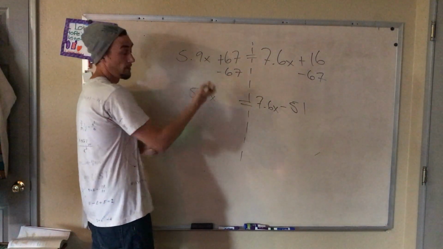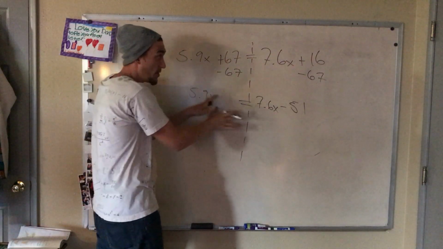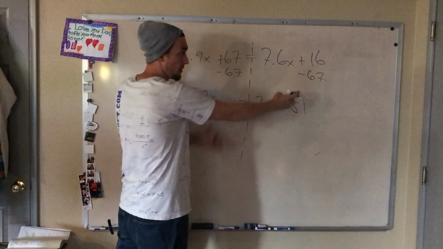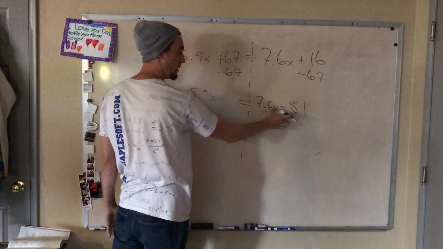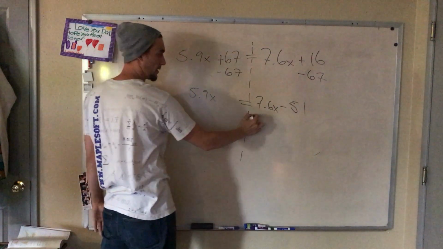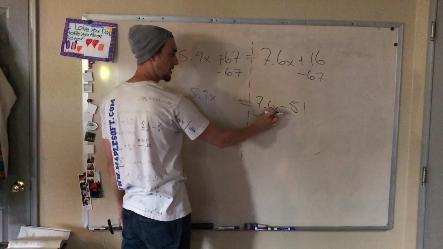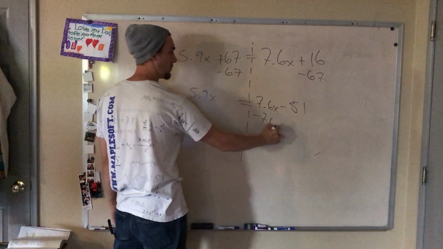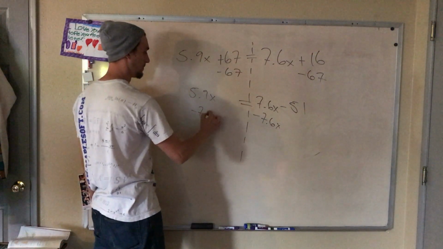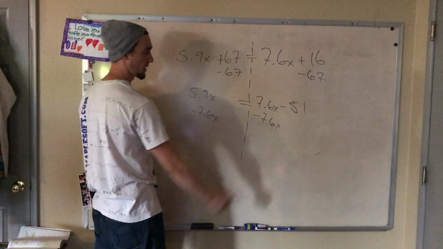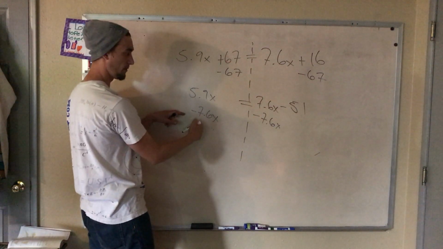Now, okay, so I've collected the number terms together, these two, and I've combined them into one. Now collect the variable terms together and combine them into one. This is a positive 7.6x, so minus 7.6x on both sides. Cancels it there, puts it over here negative.